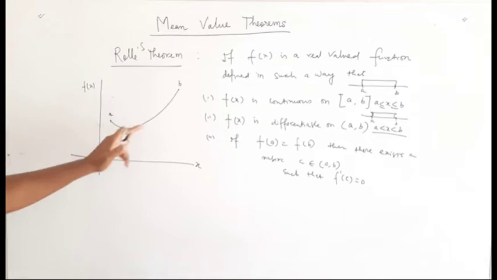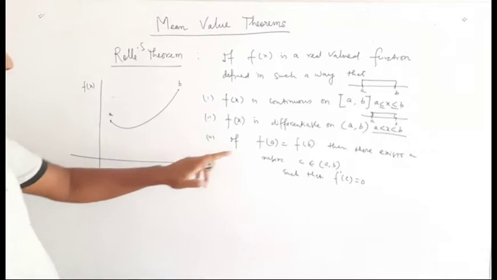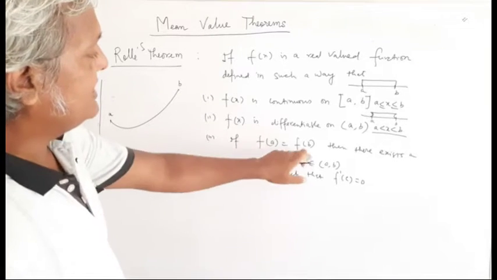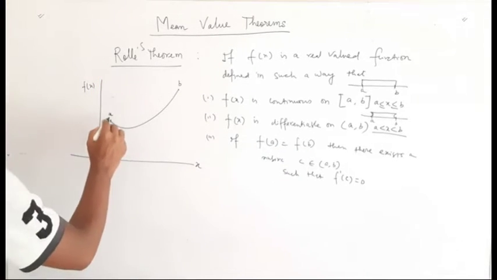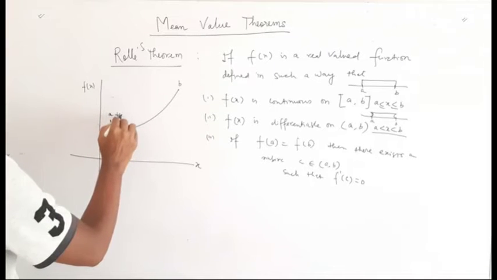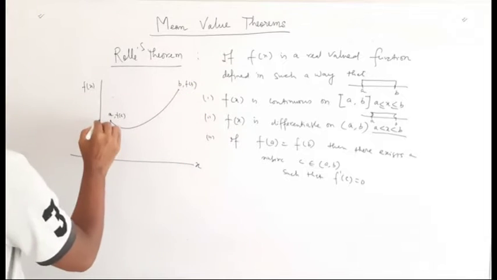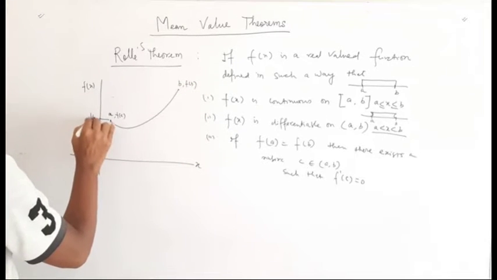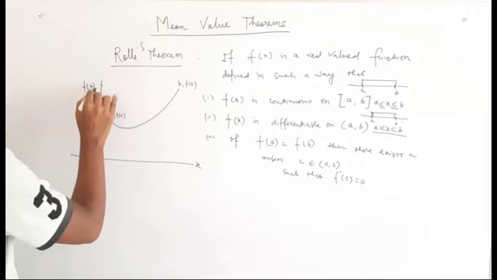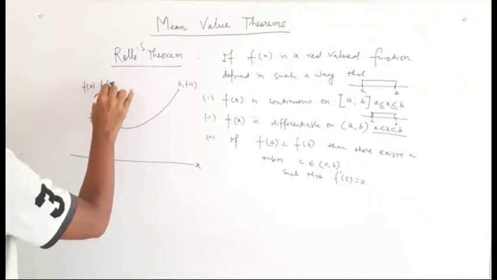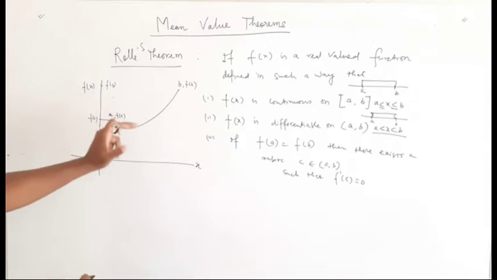So our function can be like this. And then the third condition is that f(a) is equal to f(b). This point is a, and this is your f(a), and this is b, f(b). These things should be the same.